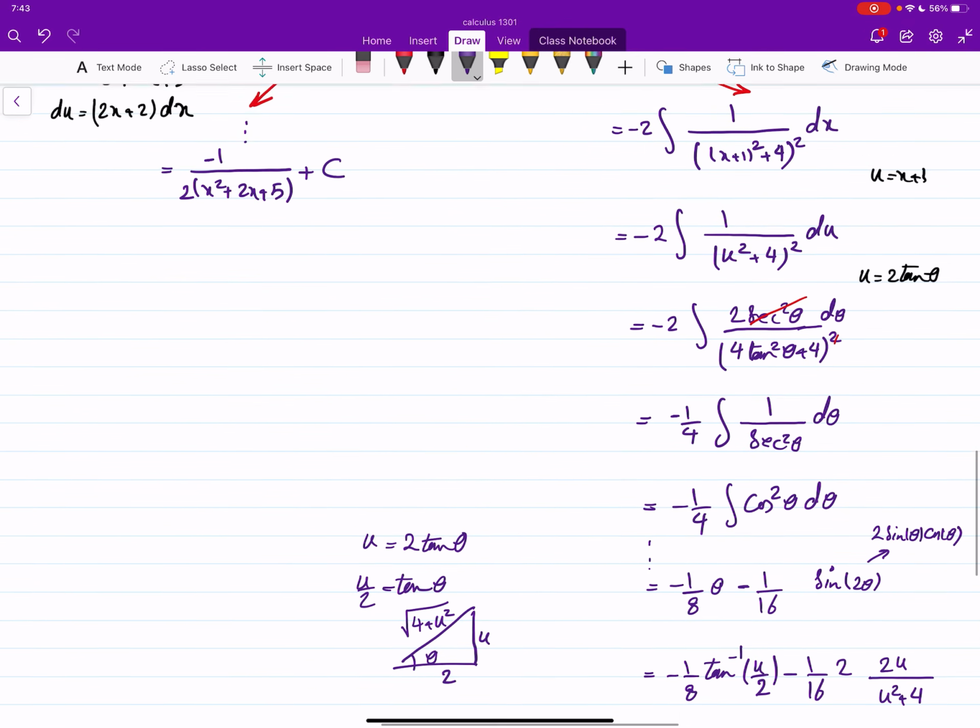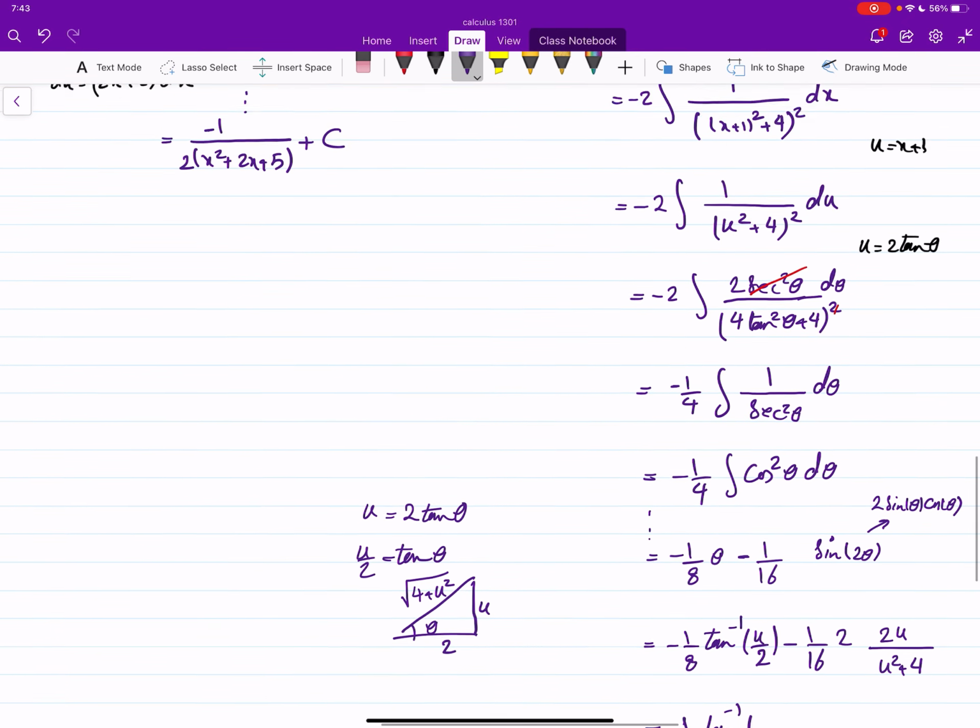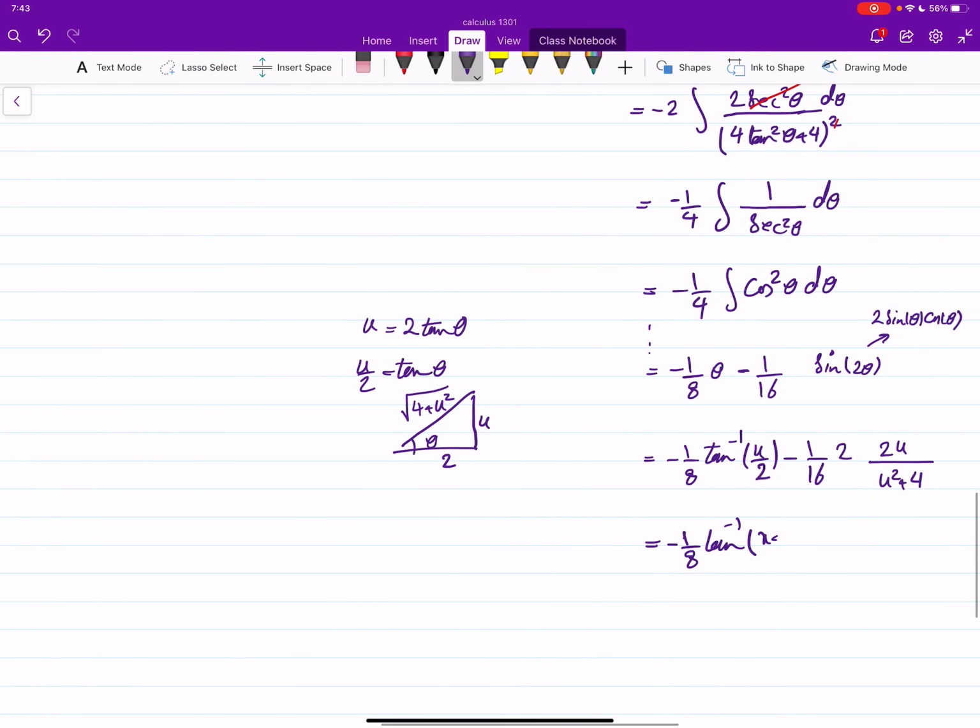So u now is x + 1, so I can plug it in back. x + 1, over 2. And this will give me negative 1/4. u is x + 1 over u² + 4, which was whatever we had at the beginning.